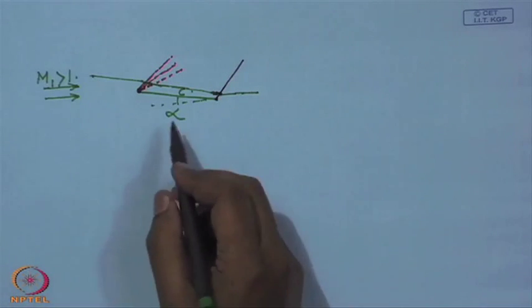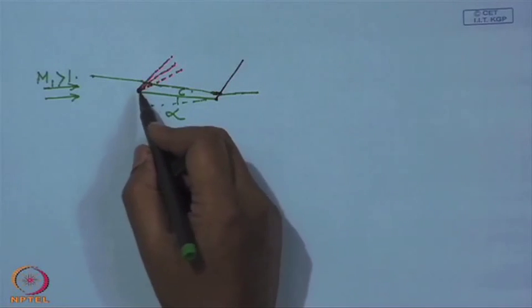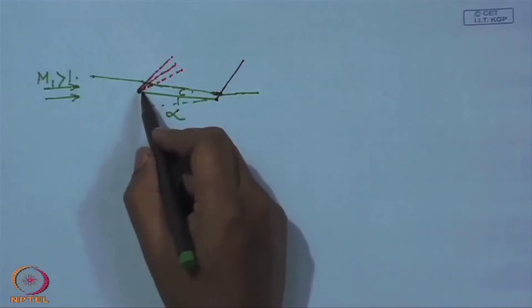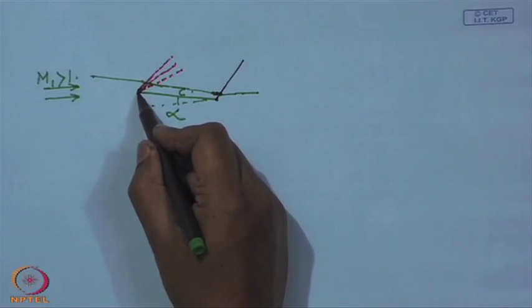On the lower surface, the reverse happens. The flow again undergoes a turn of angle of attack alpha, but through a shock.